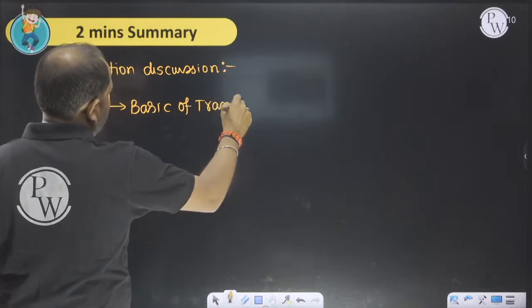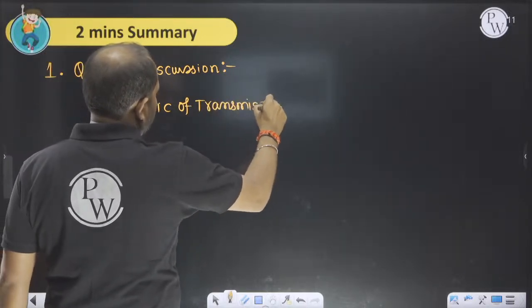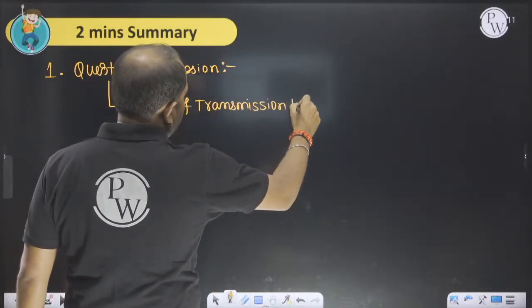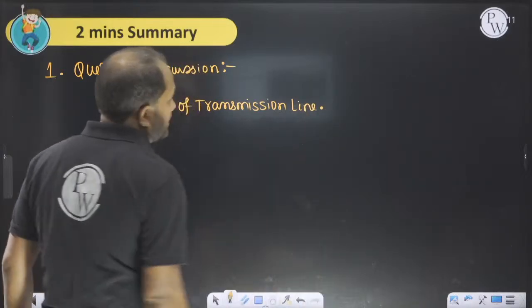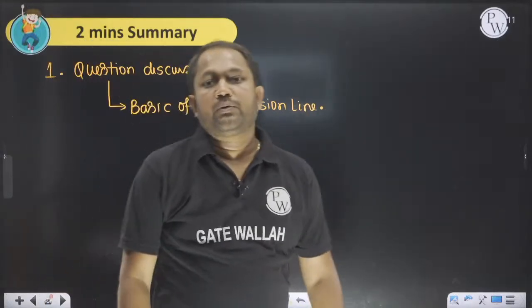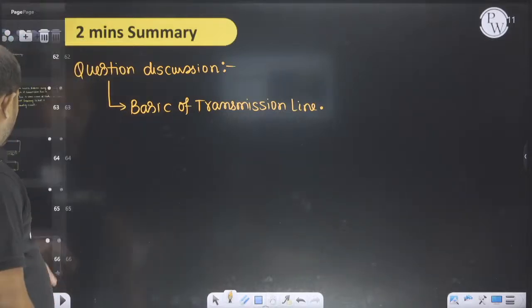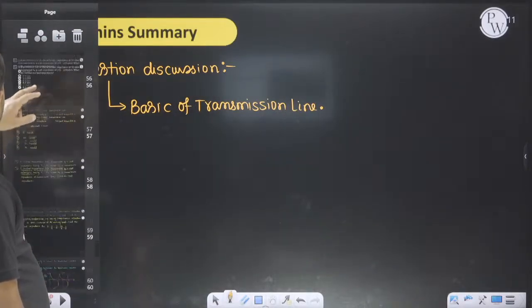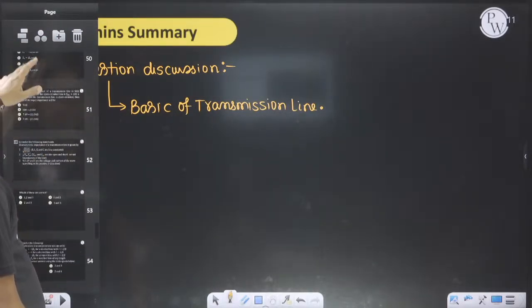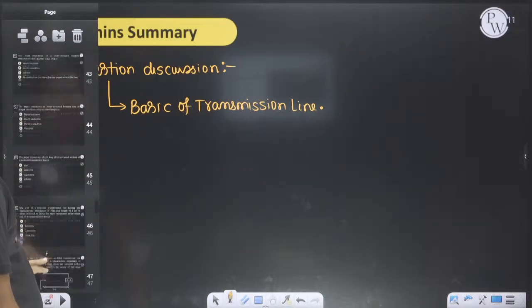And tomorrow, on Monday's class, there is a question discussion on short circuit and open circuit. Okay, and I will go through the question discussion for short circuit and open circuit.